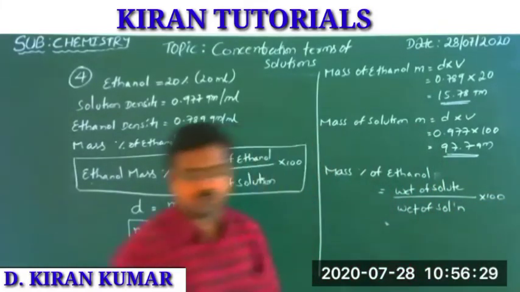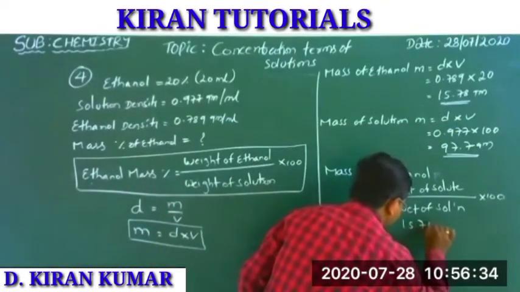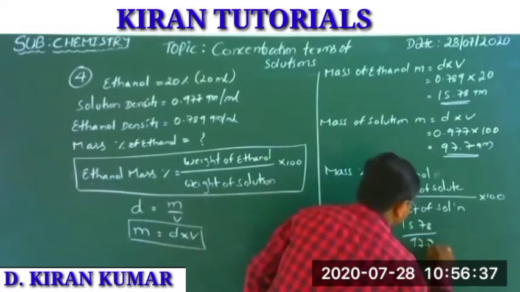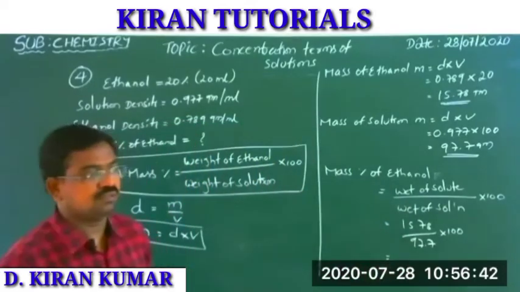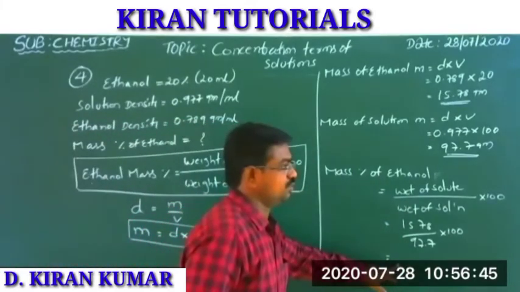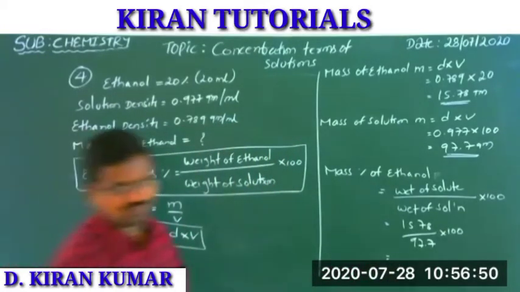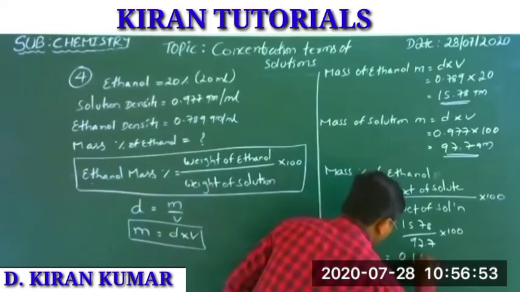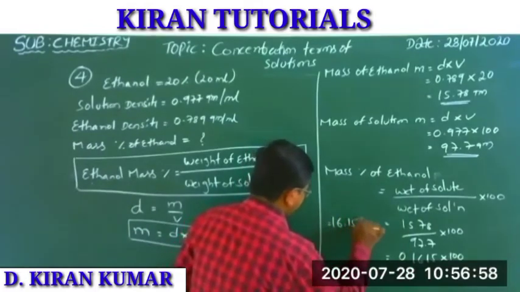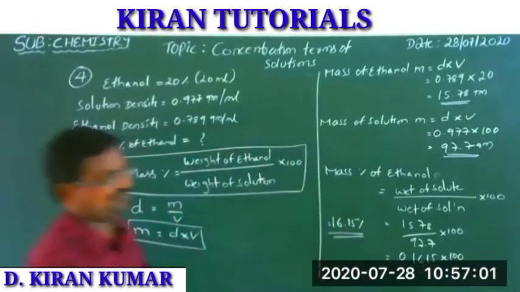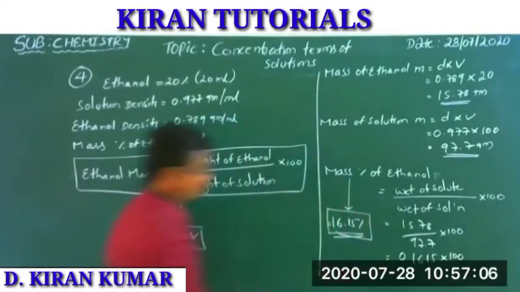What is the weight of a solute here? 15.78 by 97.7 into 100. What is the answer? 0.1615 into 100. That is equal to 16.15%. So that is the mass percentage of ethanol. Clear?